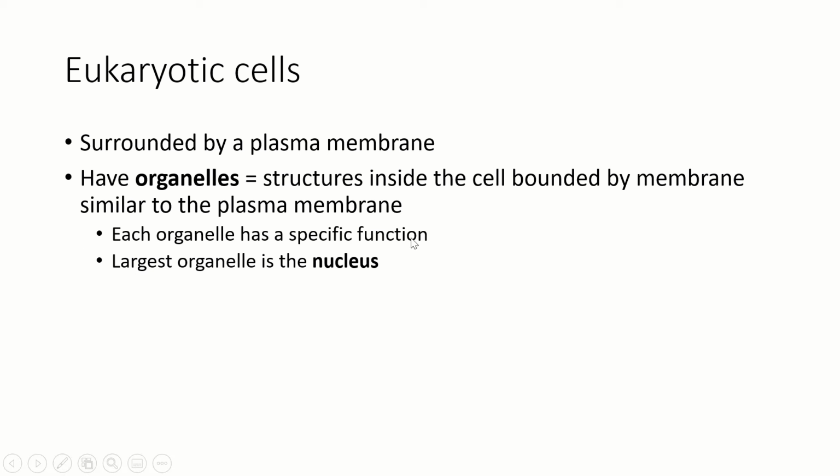Each organelle carries out a specific function in the cell, and we're going to talk about all the common organelles and what they do. The largest organelle in most cells is the nucleus. It is also the most easily identifiable because it's usually darker than the rest of the cell, and so it's easy to see. Now, inside the cytoplasm is a fluid that we call the cytosol.